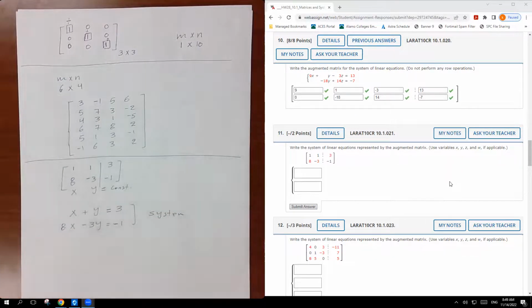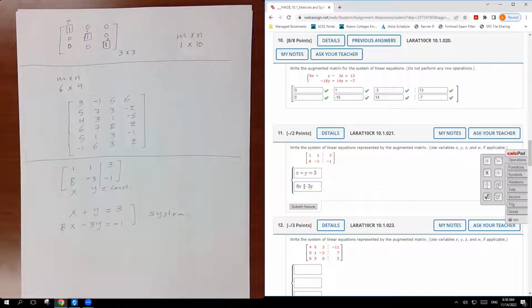So now we can type here, the first equation is x plus y equal 3. And the second one is 8x minus 3y equal negative 1. So this is the system for this augmented matrix.